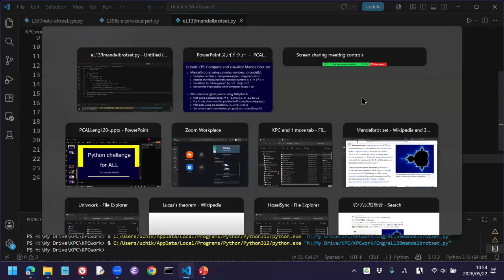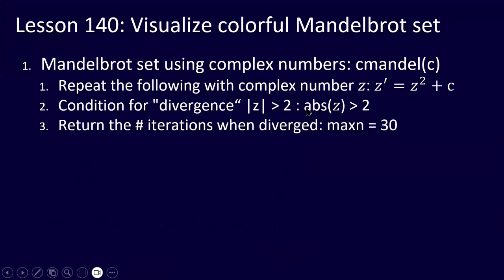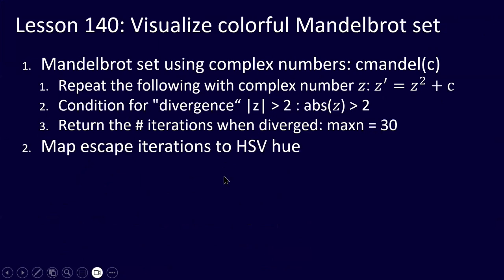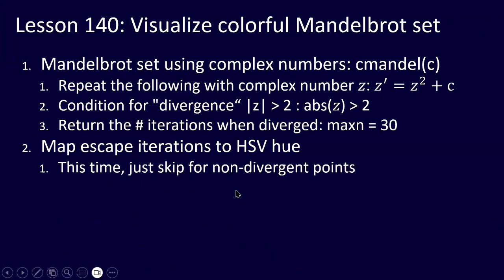Today we're going to use another one, the colorful Mandelbrot set, which maps the times of iteration for divergent points. Last time we plotted just the non-divergent points in black, but this time we use colors for the divergent points, depending on the times of divergence.